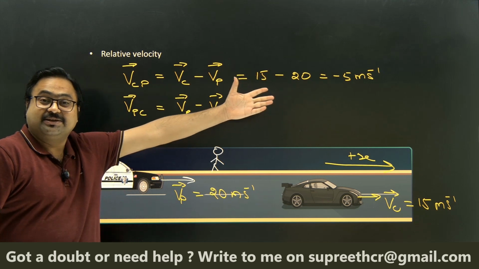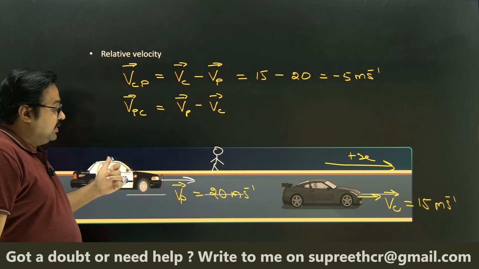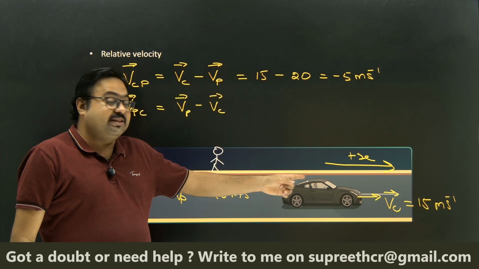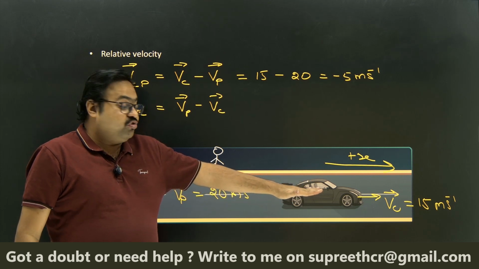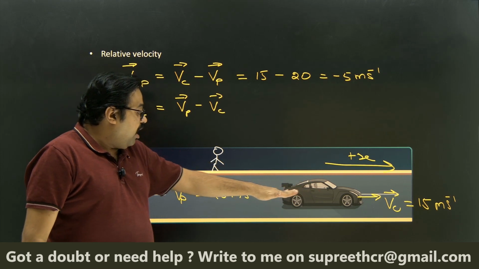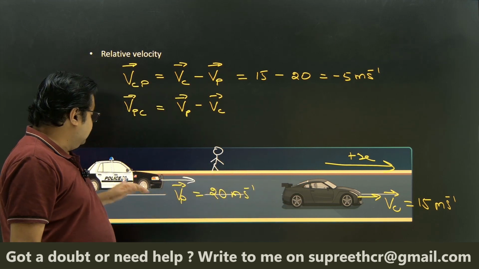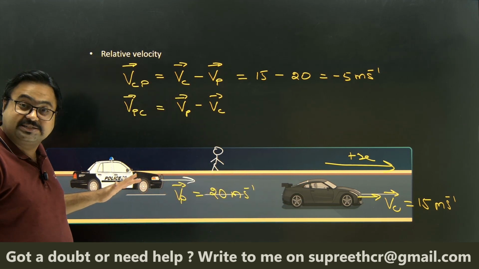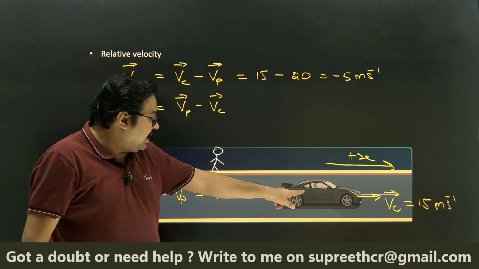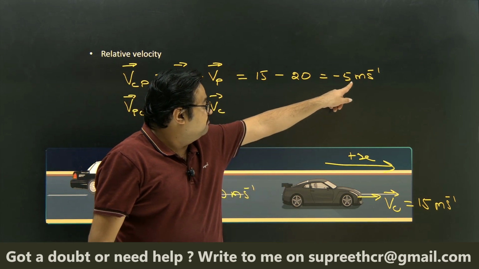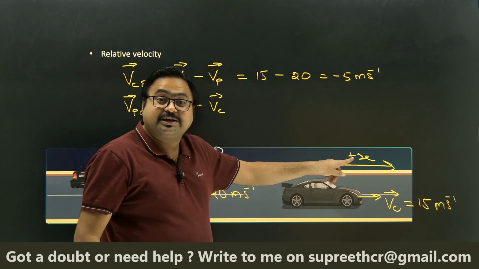What it means is that when the police sees a person driving in this car, this car will move in the opposite direction of this movement. Of course, the police car will not see itself moving. It will see the other car moving at a speed of 5 meter per second in the negative x direction. Why?